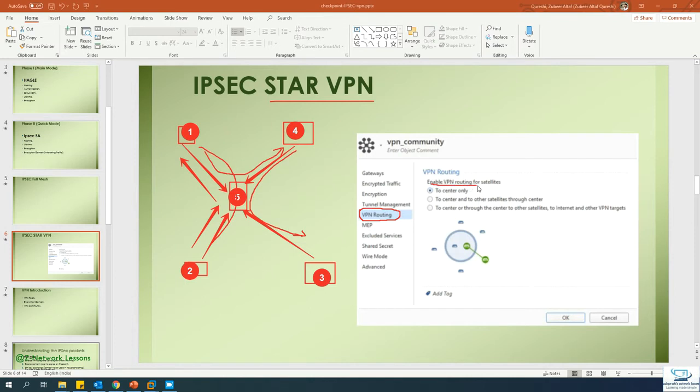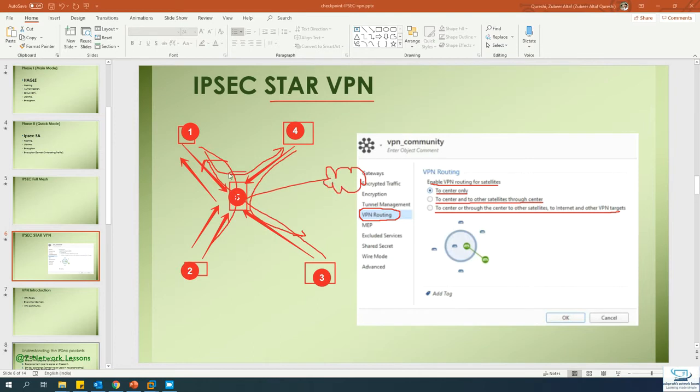You can do a topology where the satellite sites have routing only with the center. Then you have an option for the center and to other satellites through the center, so you can have a routing neighborship through the center between 1 and 3 and 2 and 4. And then the last one is again the same through the center, but you can also reach the internet via the center.